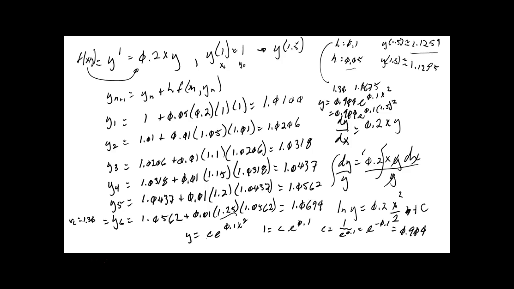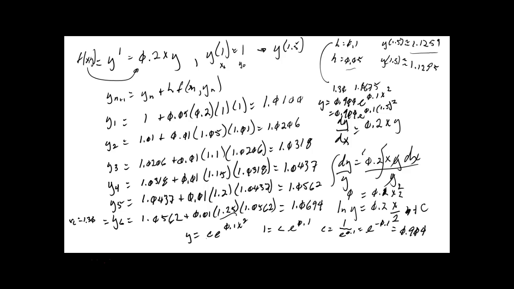Okay, let's do what you said. Let's go back here. Put log of 1, which is 0, is equal to 0.1 x squared plus c. Actually, what if we go back?